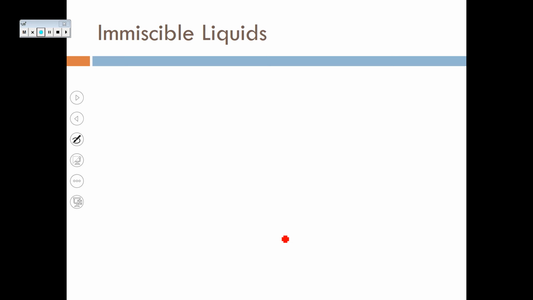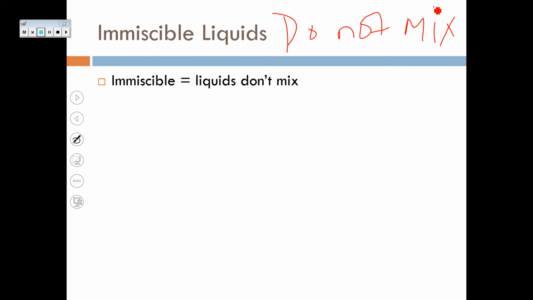Immiscible liquids are liquids that do not mix, mainly due to their polarity. Oil and water is an example of an immiscible liquid mixture. They have different polarities. Water is what we call a polar molecule.